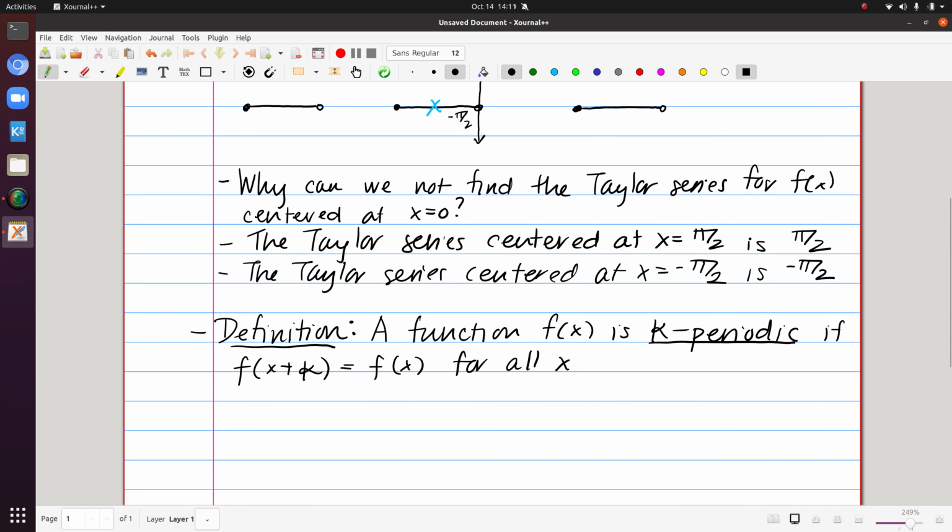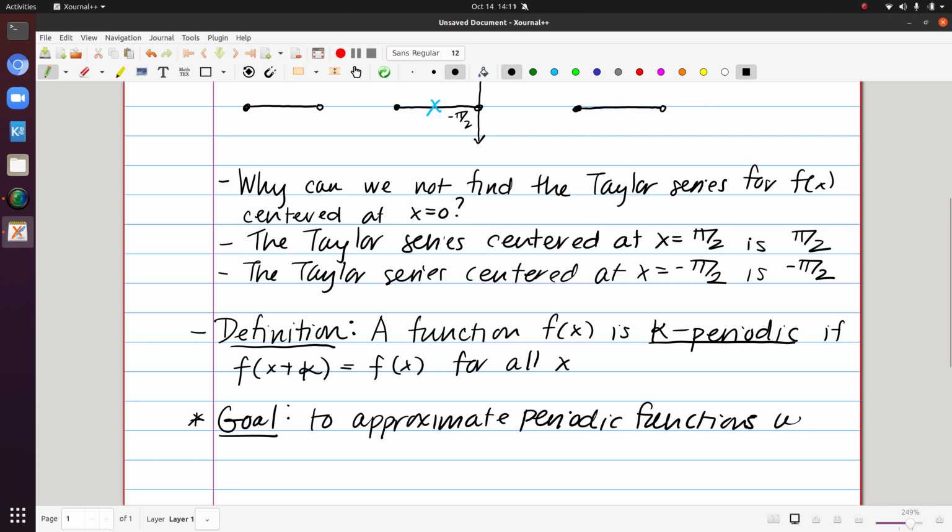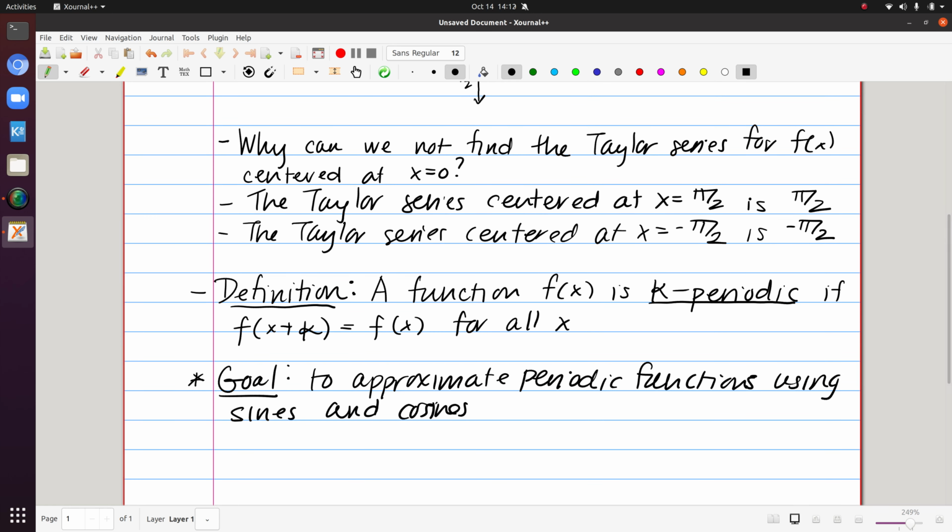So the larger goal in mind when we're talking about Fourier series is that we want to try to approximate periodic functions using not powers of x, but sines and cosines. So, of course, one important feature is that, as I noted before, sine and cosine are periodic functions.